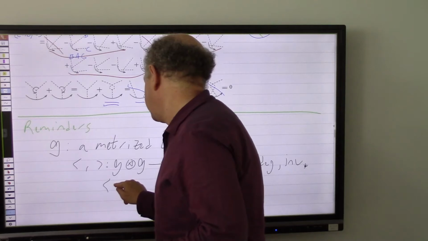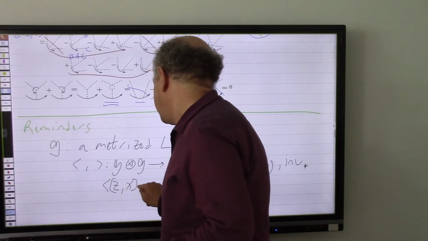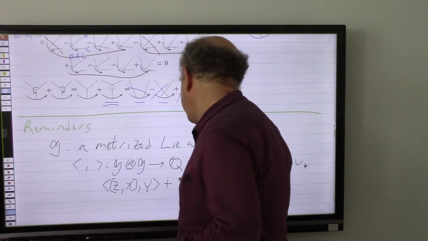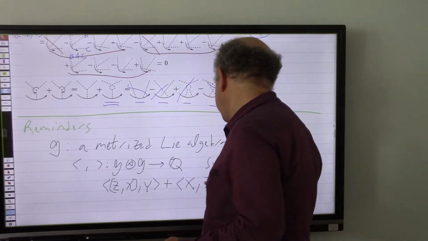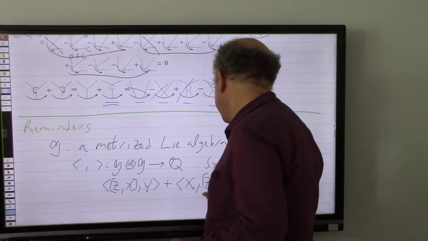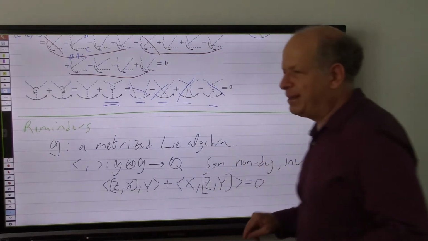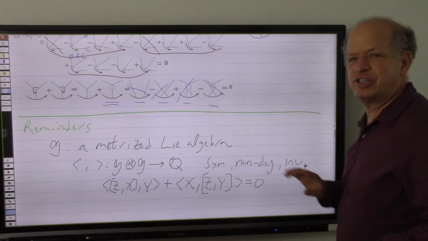If you look at z bracket x and take the inner product with y, and add to it x inner product z bracket y, you get 0, and maybe later I'll go back and motivate this. At the moment, that's just what it is.